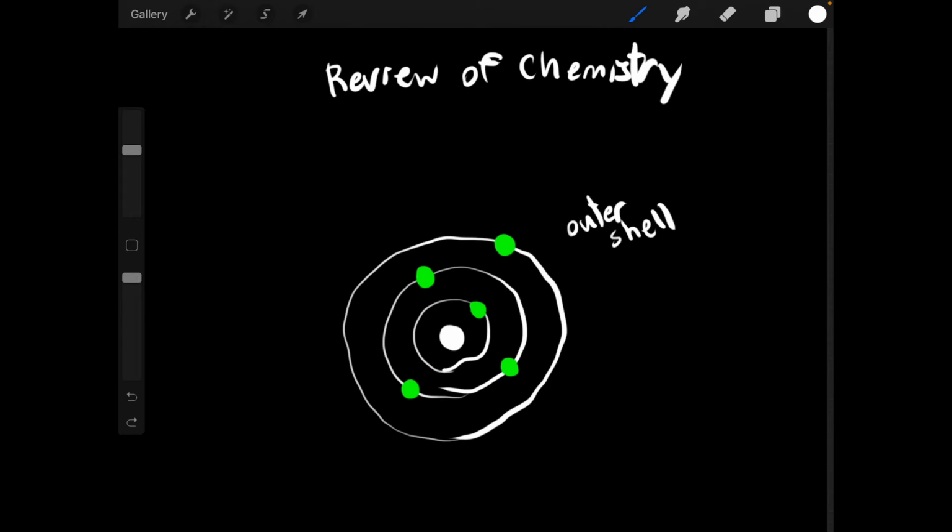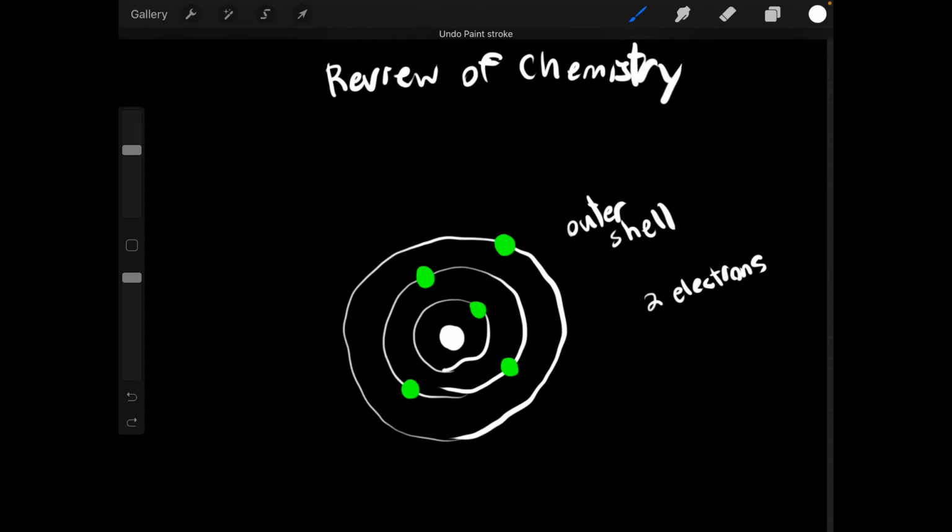So the goal of an atom is to have a full outer shell of electrons. The outer shell can hold up to 2 electrons. Okay, but right now you can see it only has 1. So its goal is to get 2 in this shell.